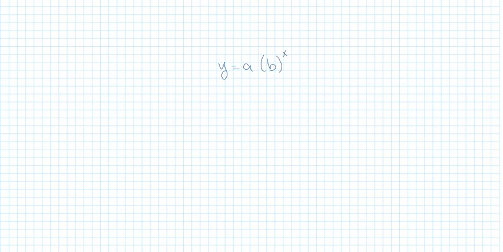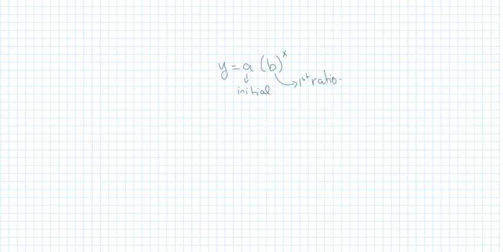And then we said that A is the initial, B is the base. How can I find B? It's the first ratio, if I know my y values. If I know my y values and I do y2 divided by y1, then I can find the ratio here.